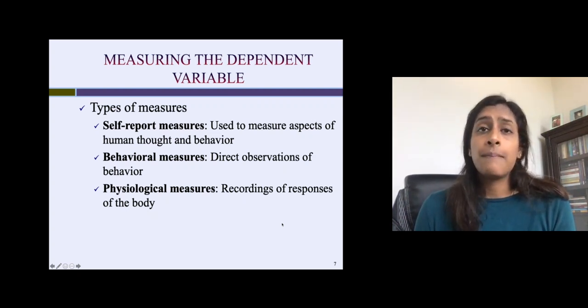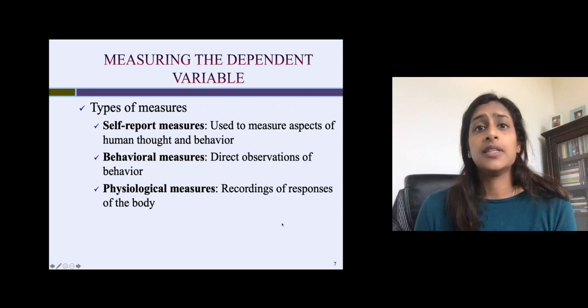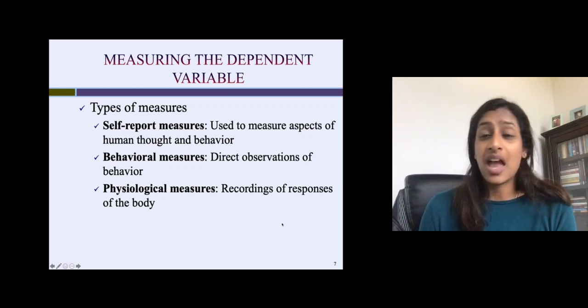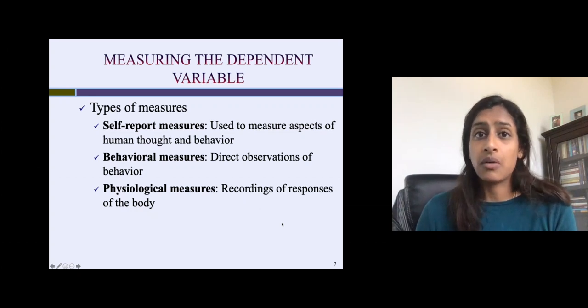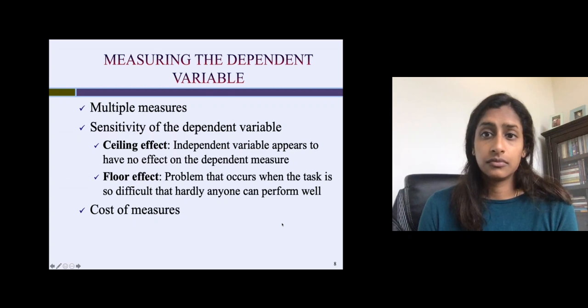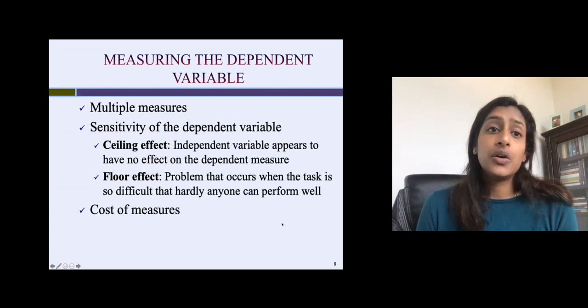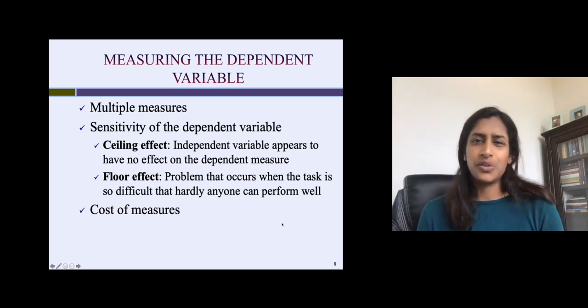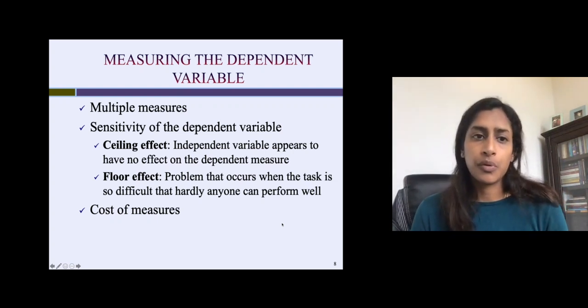We can also measure our DV as a physiological measure, and here you could record responses of the body. Maybe we're looking at heart rate, so we could monitor heart rate throughout our experiment. Sometimes it's really good for us to have multiple measures, and we talked about this in some of our chapters before, particularly when we're looking at a DV.